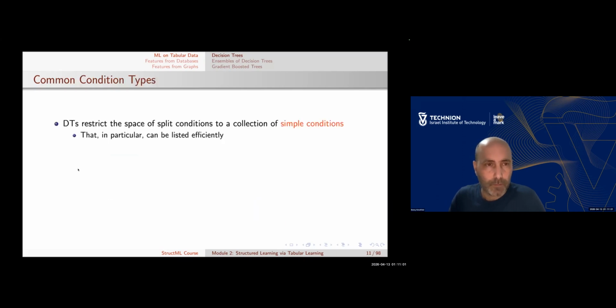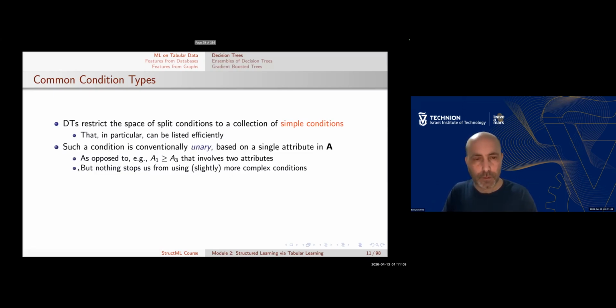What are the types of conditions by which we split nodes? As I said, we usually look at simple conditions. Common conditions are unary: they look at a single attribute and make some decision based on that single attribute. As opposed to, for example, looking at multiple attributes. Here, A1 greater than A3 involves two attributes, so that's more complex.